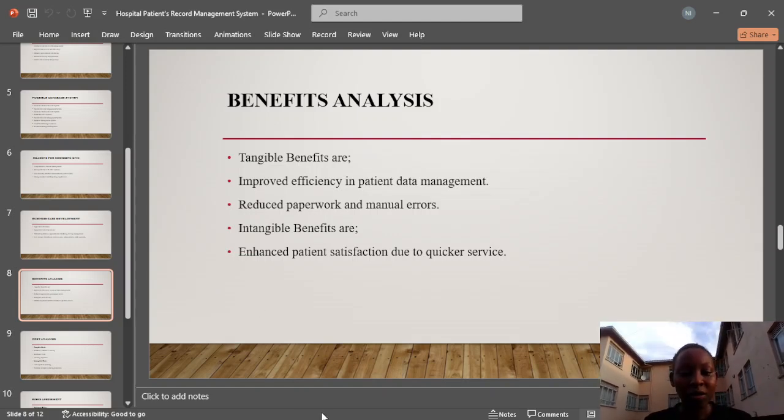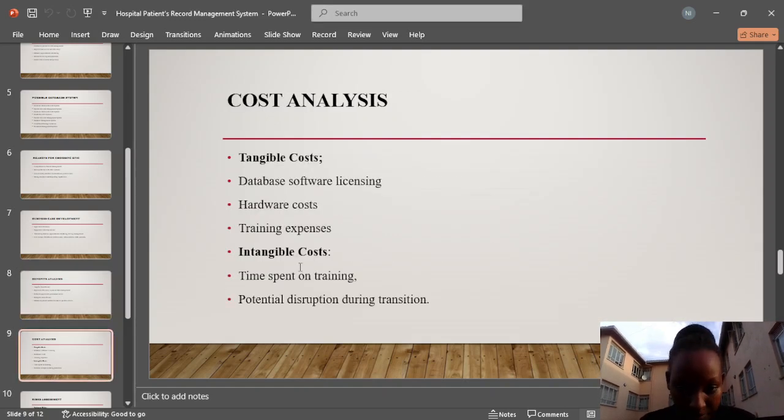One of the benefits is improved efficiency in the patient data management system. There are a few here, but there are many; I just tried to outline them. The intangible benefits include enhanced patient satisfaction. Then the cost analysis.